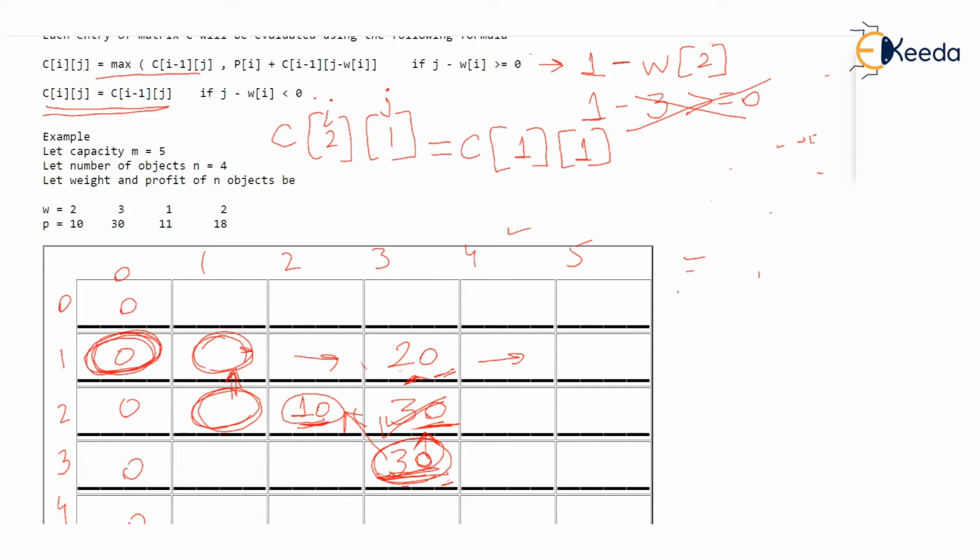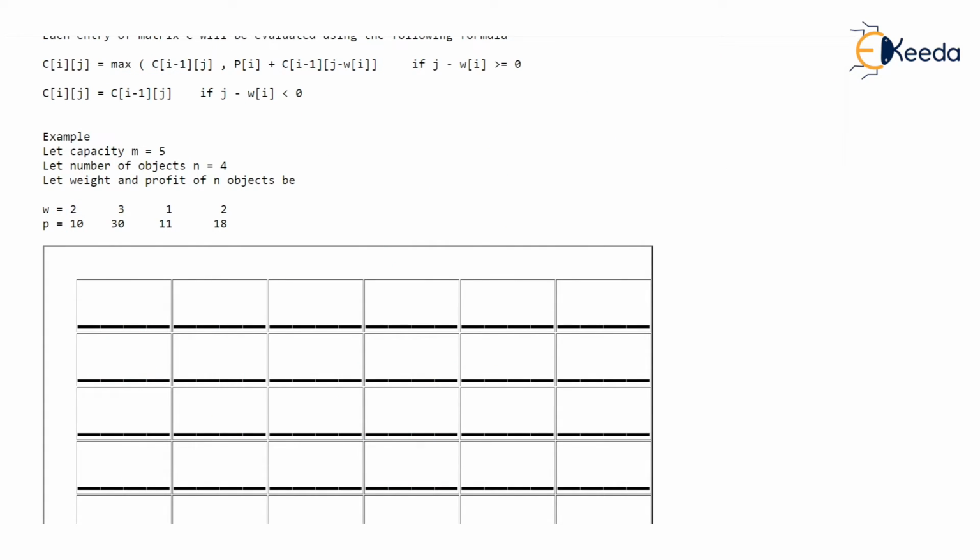And if you have only the first object, as I am marking here, in the knapsack of capacity 1, you can add nothing, isn't it? Because the weight of the object is 2 and the knapsack has capacity 1. So the profit at C11 is going to be 0. So C21 is going to be 0. I hope you are understanding the two formulas. Now the formalization over here will be actually used by our algorithm, isn't it?